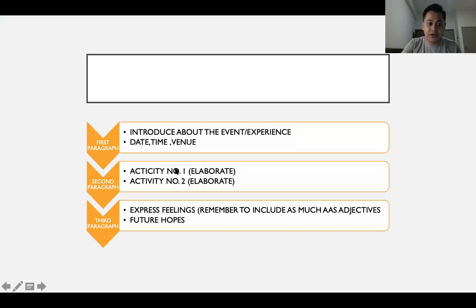So activity number 1, activity number 2: what are the activities that you did during the event? One activity, elaborate, and then another activity, elaborate. Every elaboration comes with an example. And then the third paragraph is where you write a conclusion and express your feelings. Remember, adjectives can be included in your writing. And then state your future hopes for future events.